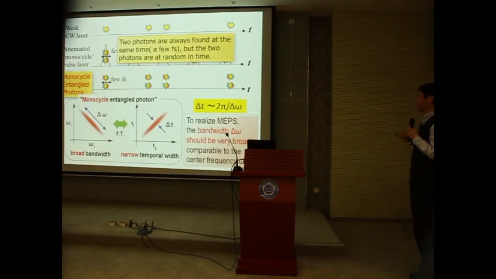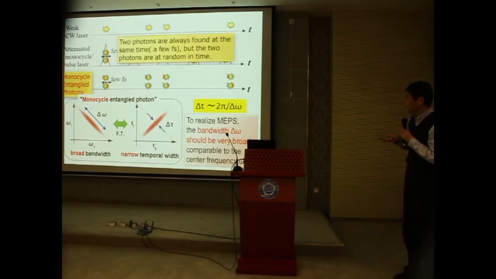Okay. And in order to realize this sort of state, this is monocycle entangled photons in time space and in frequency space. In order to have very high correlation in time, you need ultra broad bandwidth. This is a Fourier transform relation.